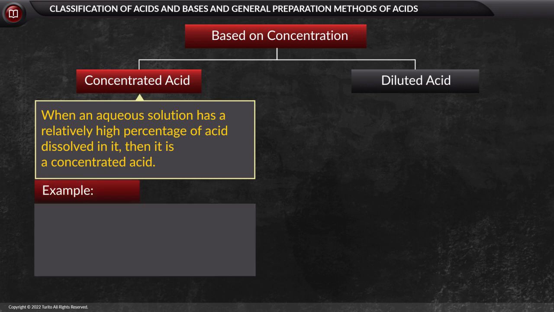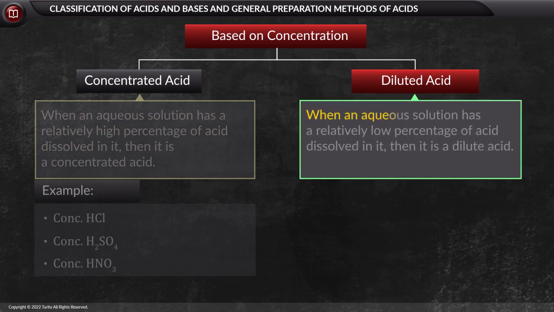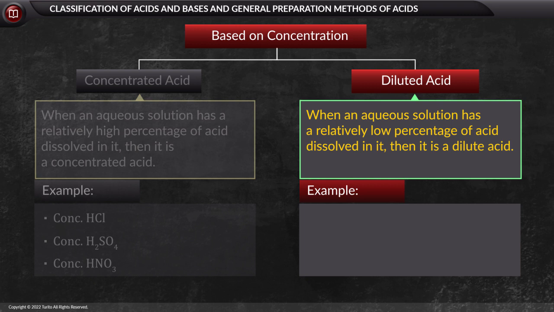For example, concentrated hydrochloric acid, concentrated sulfuric acid, concentrated nitric acid, etc. Diluted acid. When an aqueous solution has a relatively low percentage of acid dissolved in it, then it is a dilute acid. For example, dilute hydrochloric acid, dilute sulfuric acid, dilute nitric acid, etc.